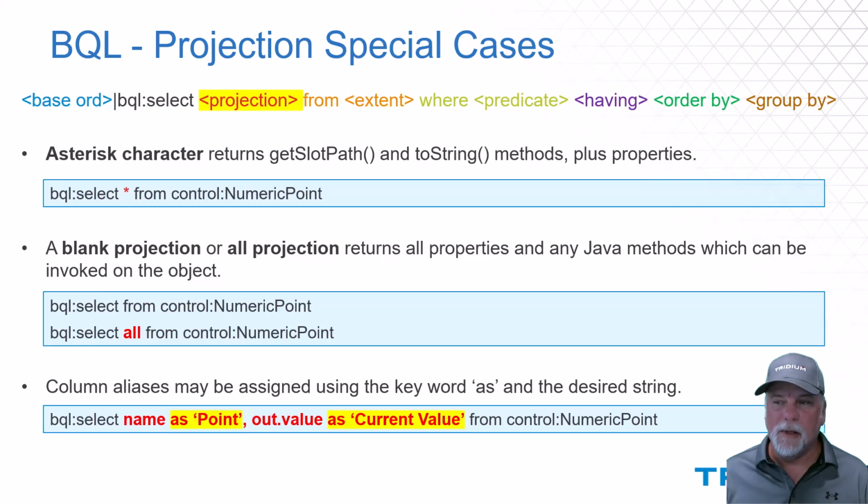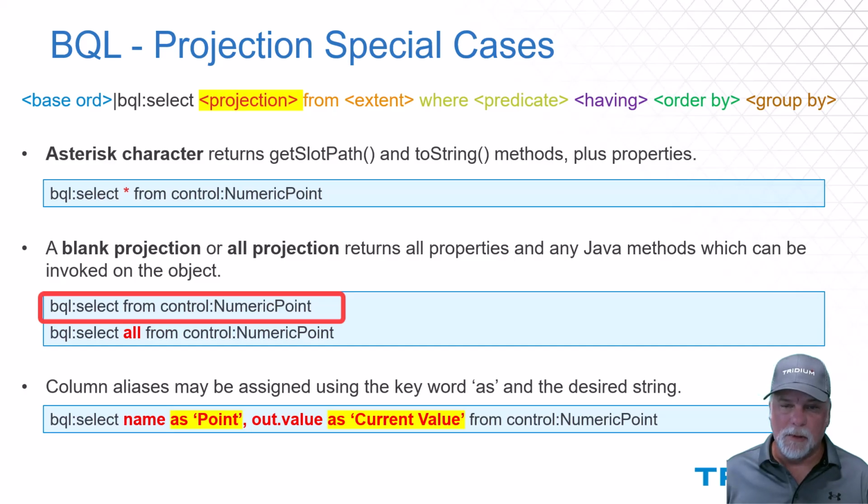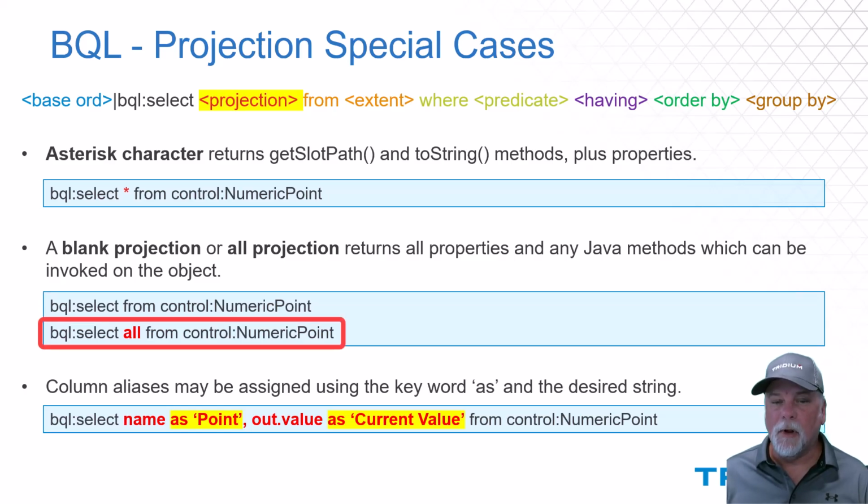There's also a couple of special cases of using either a blank projection or the keyword all. In the first line in the middle example, there is no asterisk or any characters between select and from other than a space character. So that's a blank projection. And the second example has the keyword all between select and from. Both of those will tell the BQL engine to go process all available API methods.